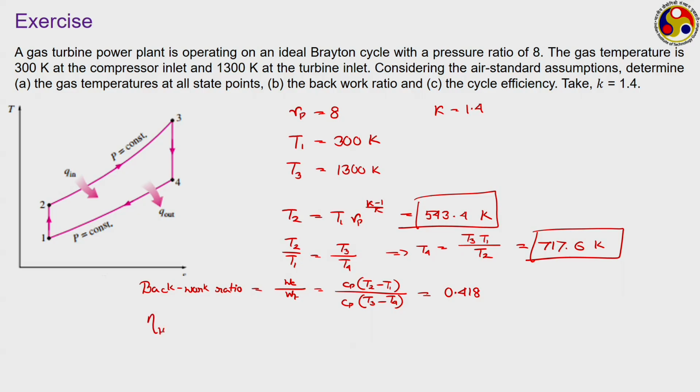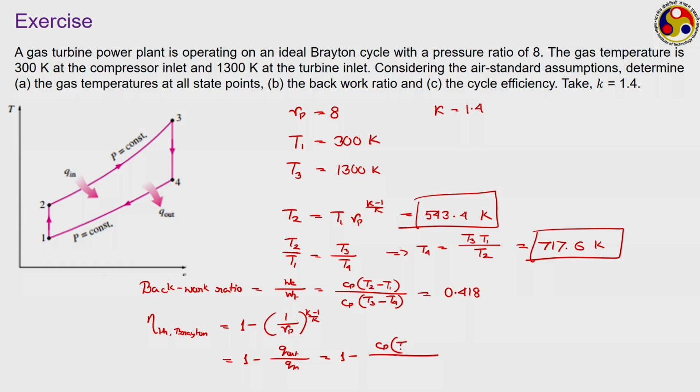And finally, the thermal efficiency for this Brayton cycle, there are two ways you can do. One is, if you remember the formula, 1 minus 1 by Rp to the power (k minus 1) by k, that is one way, or other way which I always suggest, use 1 minus Q out by Q in. How much is your Q out?